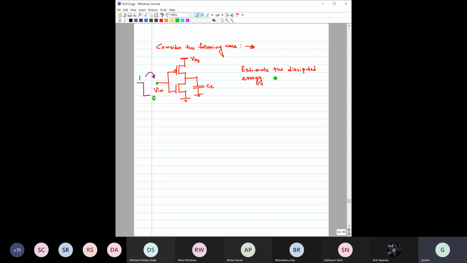Now here we need to estimate the total dissipated energy. Could you quickly calculate? I believe you would be able to do it. What would be the dissipated energy?